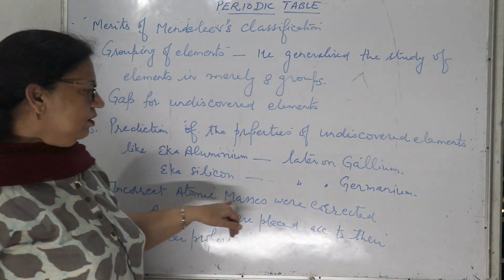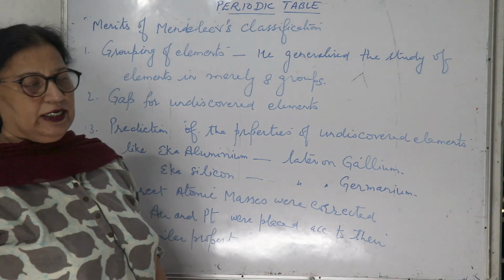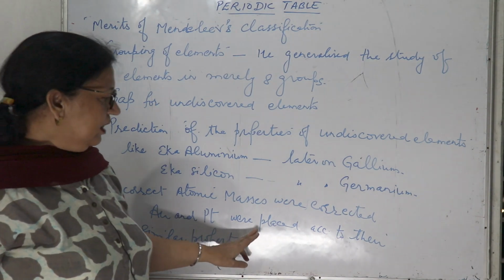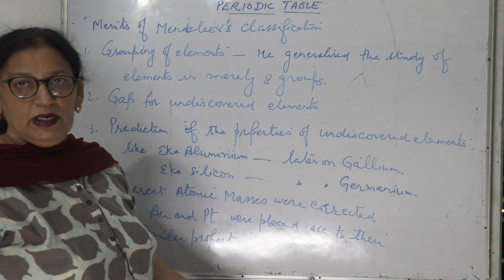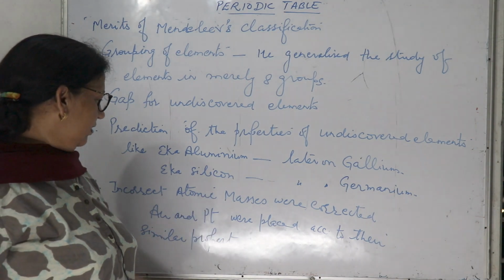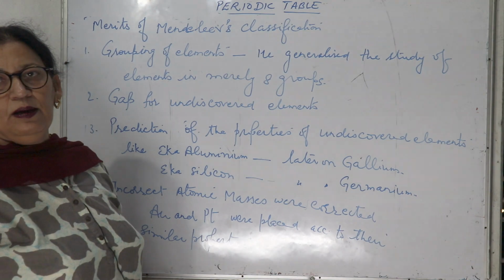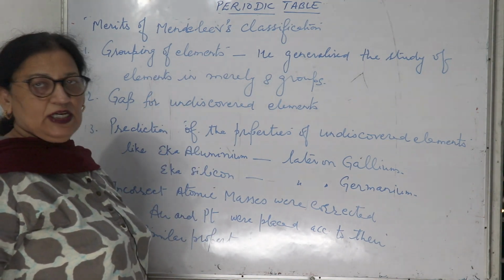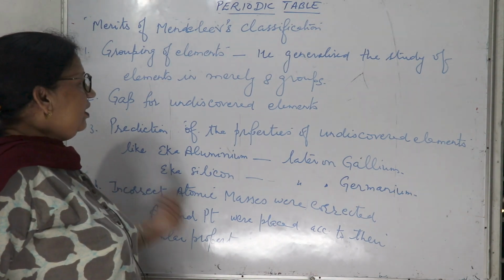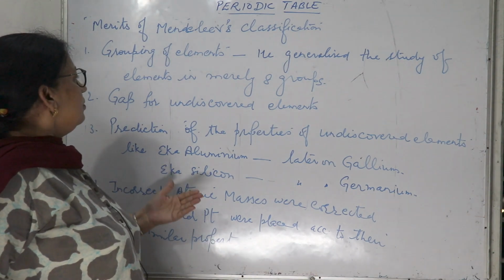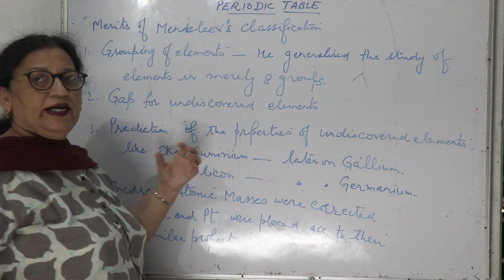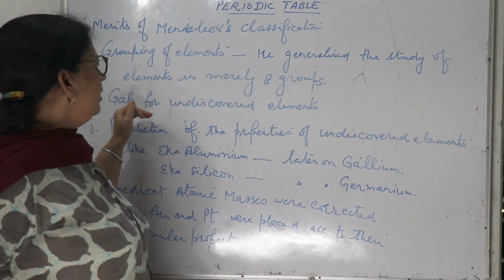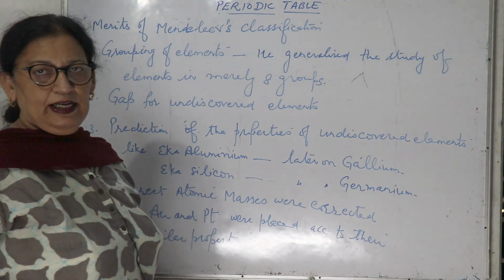Then incorrect atomic masses were corrected. He corrected some of the incorrect atomic masses like gold and platinum. They were placed according to their similar properties, and he corrected the atomic mass of gold and platinum. So these are the merits of Mendeleev's classification. Very good merit is that he made the study compact with 8 groups only, and secondly he left gaps for undiscovered elements.